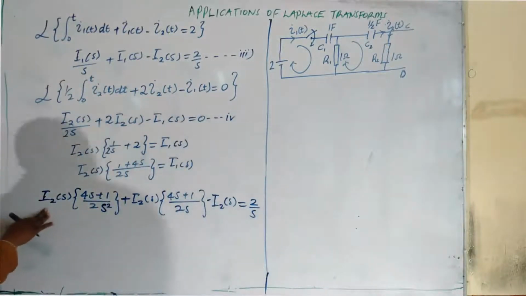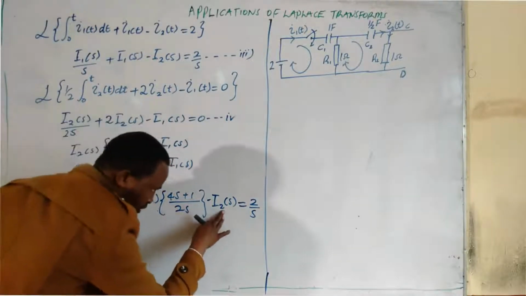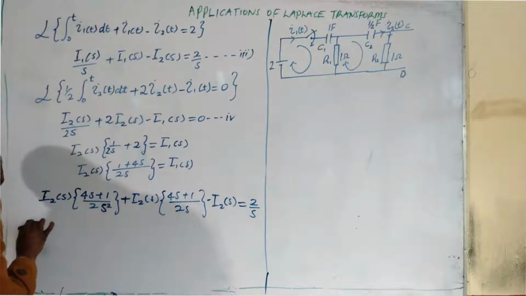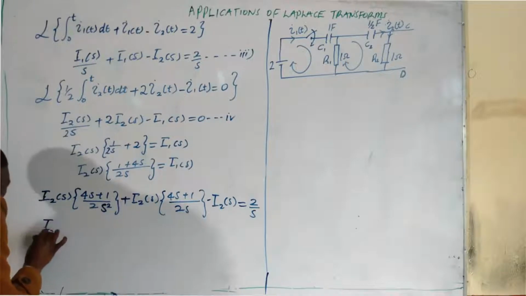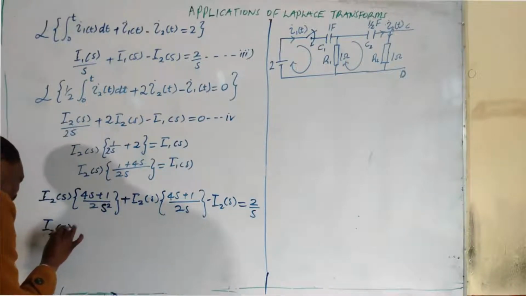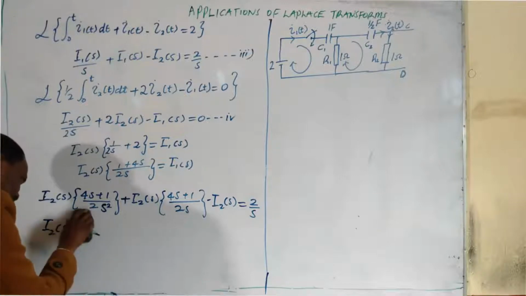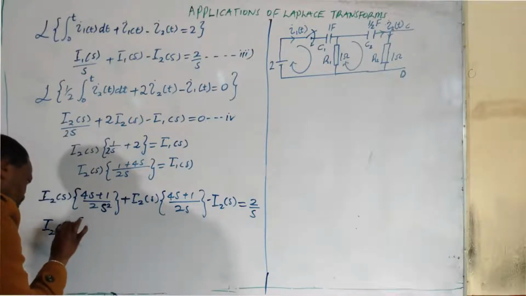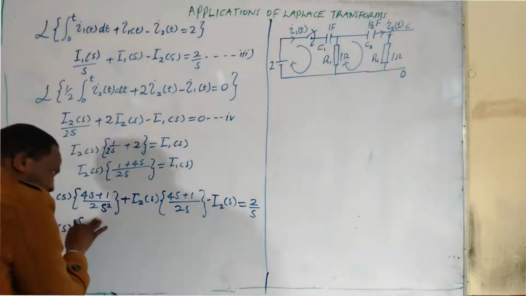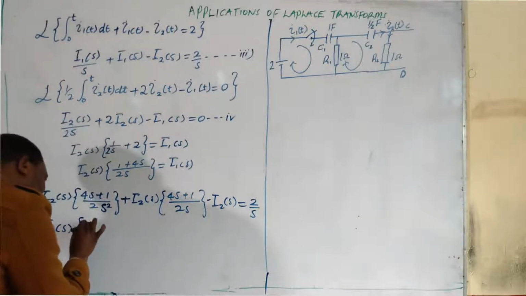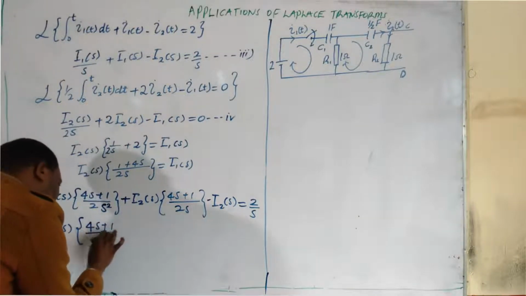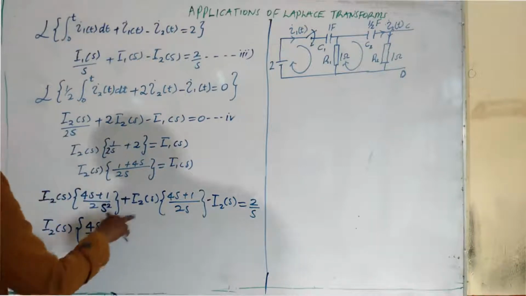Let us now substitute them. Let us now factor out I2(s). So this will be I2(s) into bracket. We have this term, which is (4s plus 1) over 2s squared.